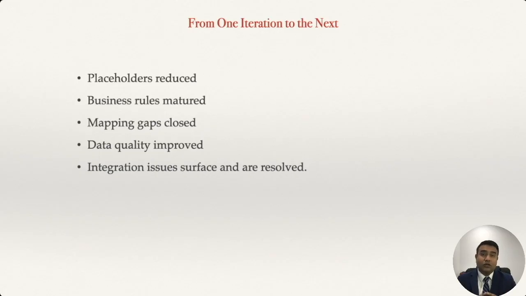Every assumption was validated. There was no mapping gap. Eventually, the overall data quality improved, and any integration related issues that surfaced were addressed properly and resolved by the stakeholders. So this is how you can measure, communicate, and iterate multiple data migration test runs.